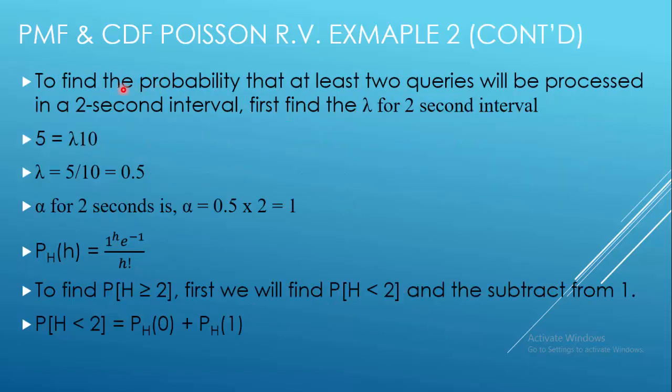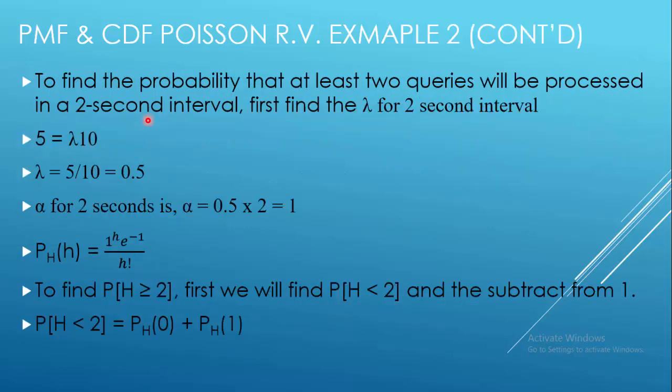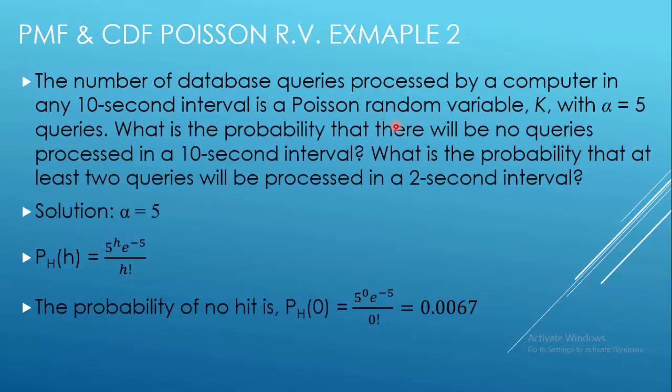To find the probability that at least 2 queries will be processed in a 2-second interval, first find the lambda for a 2-second interval. Since the time interval has changed, because this alpha is given for 10 seconds, but here they are asking for the probability of queries in 2 seconds, of course the alpha will not be the same.